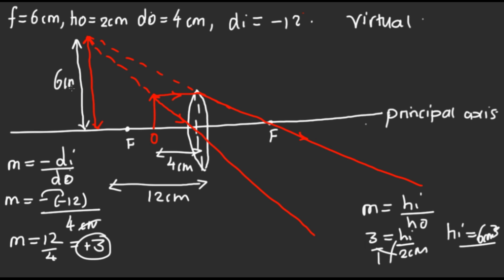We have 6 centimeters here, then 2 centimeters here. So the height of the image is 3 times the height of the object, and the distance of the image is 3 times the distance of the object. This is how you deal with calculations connected with the ray diagram.